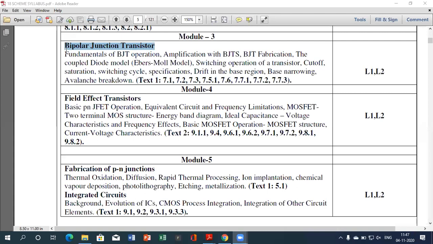The three terminals of BJT are emitter, base and collector, whereas the three terminals of FET are gate, drain and source. That is one major change where we are going to change the names.